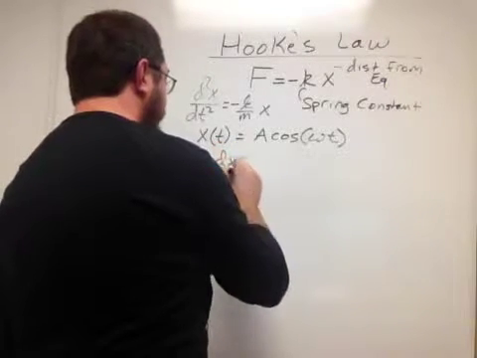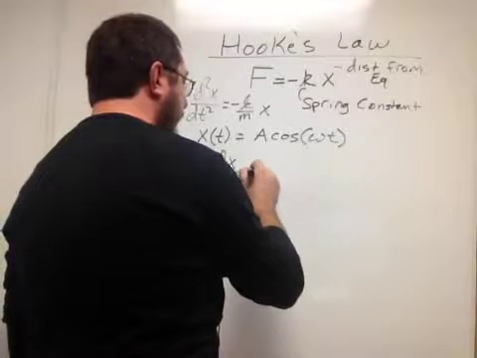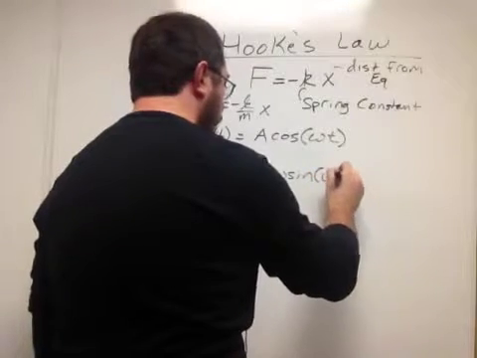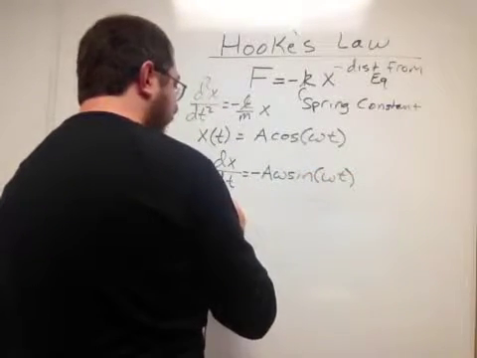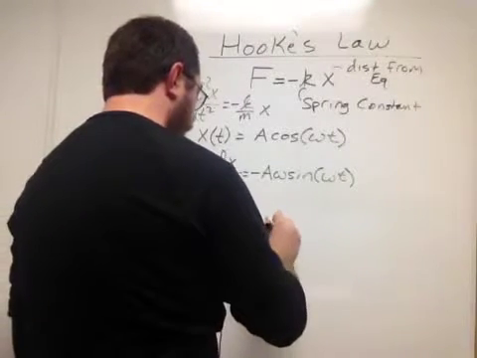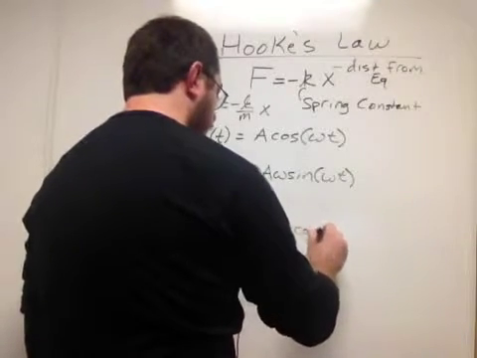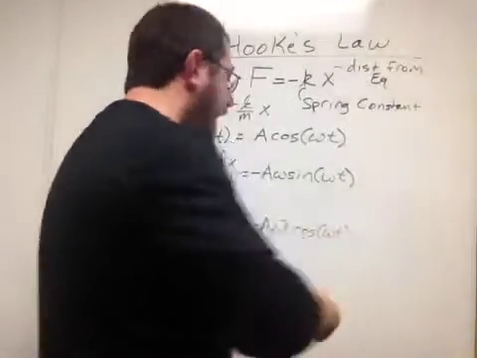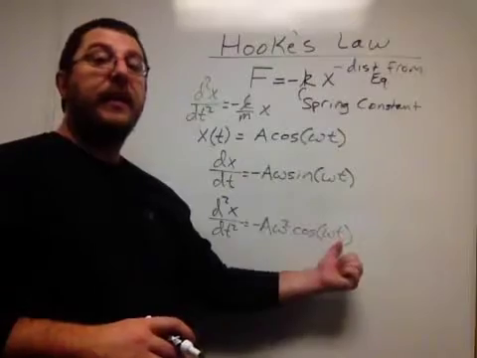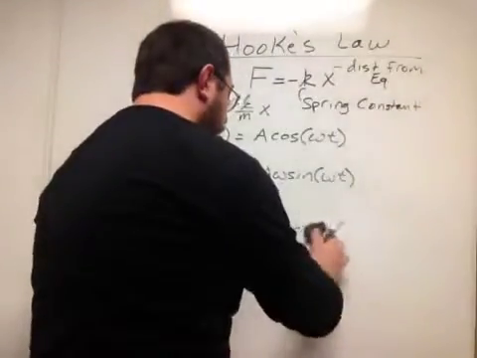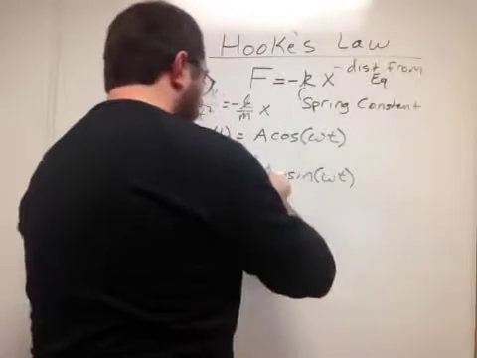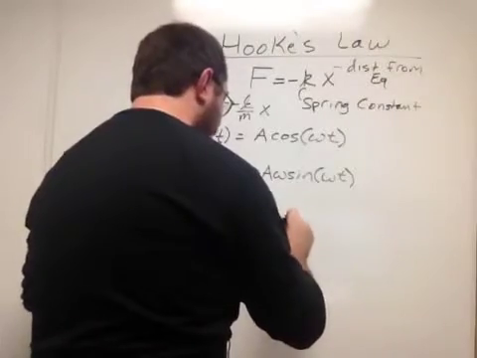So if I differentiate this, I'm going to get a negative sign, and if I differentiate it again, I get my function back with my multiplicative constant. So a cosine omega t is equal to x.